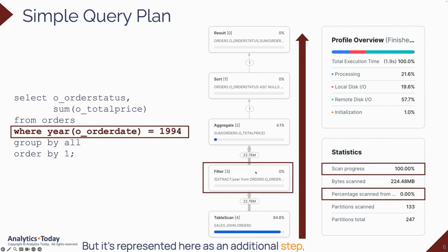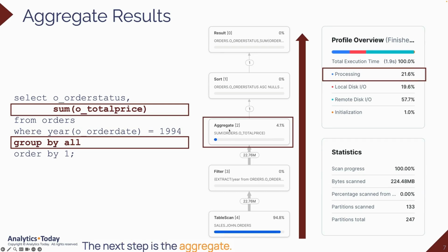The next step is the aggregate. So that's where it's going to sum the results. And here is where you do the sum of total price, and the group by operation.